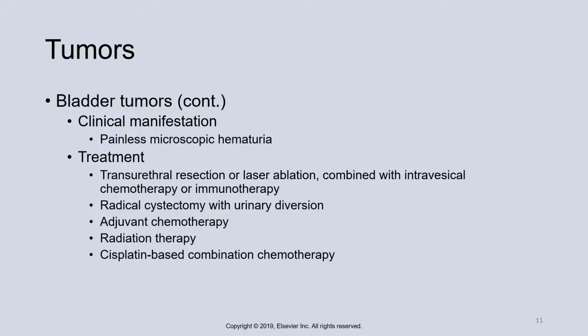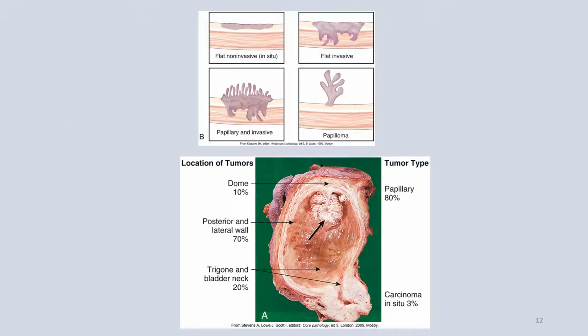The treatment is TUR, laser ablation, sometimes intravesical injection of BCG, radical cystectomy, and adjuvant chemotherapy and radiation. Tumors can be anywhere, but the most common place is the posterior wall.